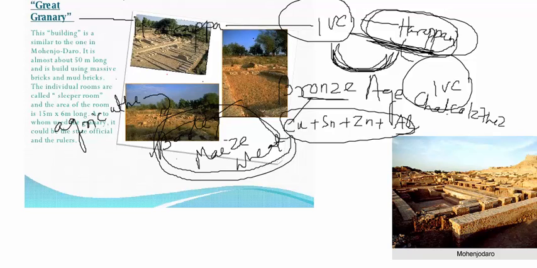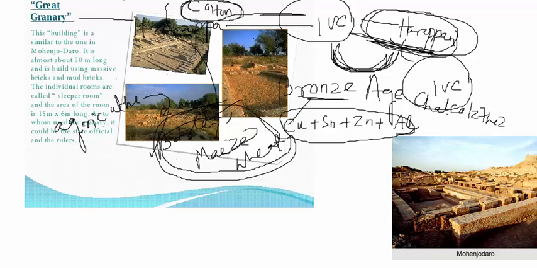But we have to remember that apart from barley, maize and wheat, one important thing was cultivated, that is cotton. Cotton was the first crop cultivated by these IVC people.